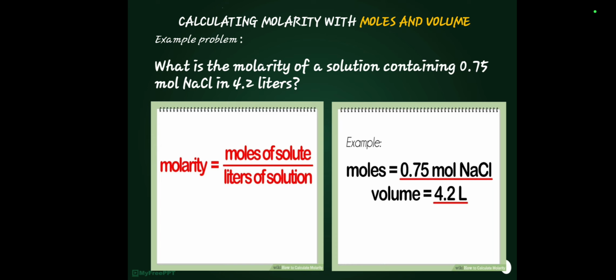We have here a mole and we have also a volume, which is 4.2. So let's write first the given. Moles is equal to 0.75 mole sodium chloride, and for the volume, we have 4.2 liters. This is given nasa question yan.